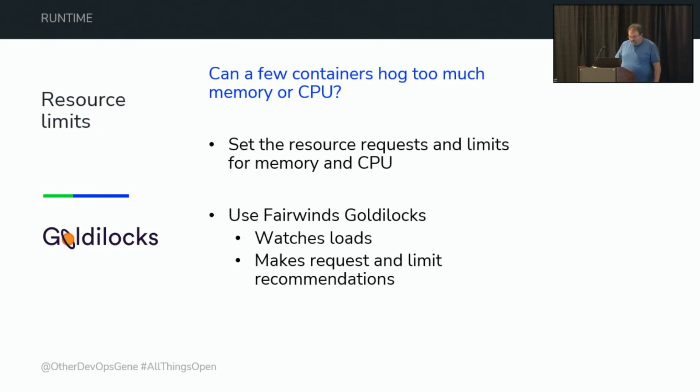Another tool that I found really useful is Fairwinds' Goldilocks. And that checks to see, hey, are a few containers using all the memory, all the CPU in my cluster that my worker nodes have available? If you're following all the best practices, you're supposed to set requests or limits for how much memory this container is going to use, how much CPU it can use, right?